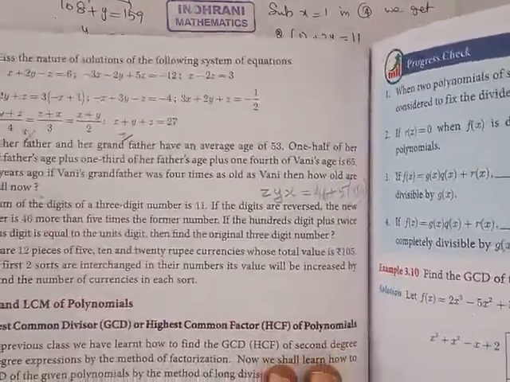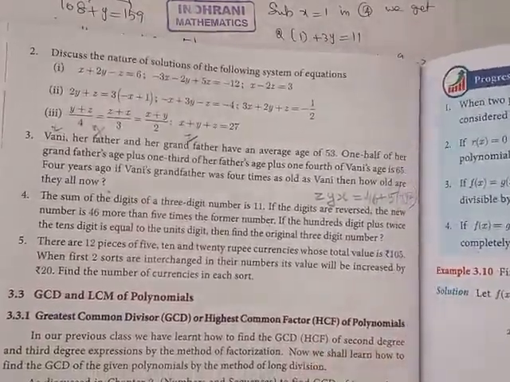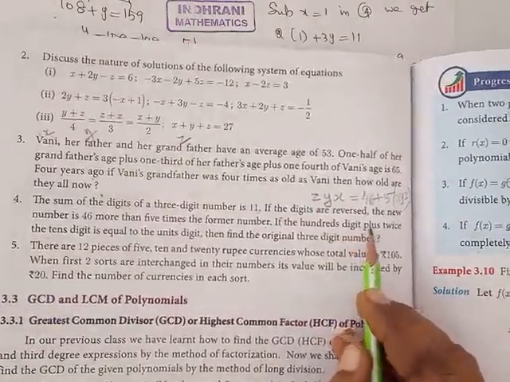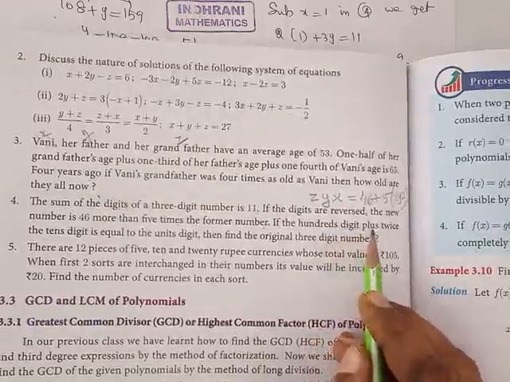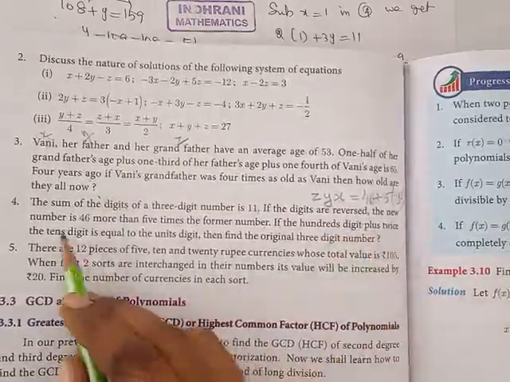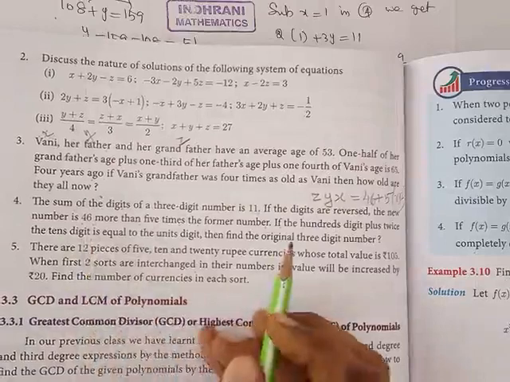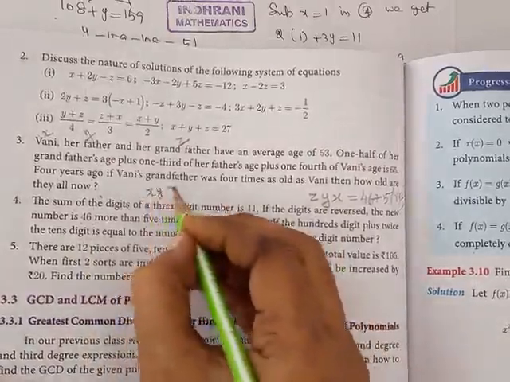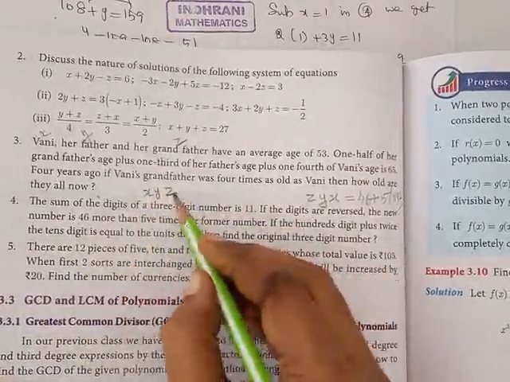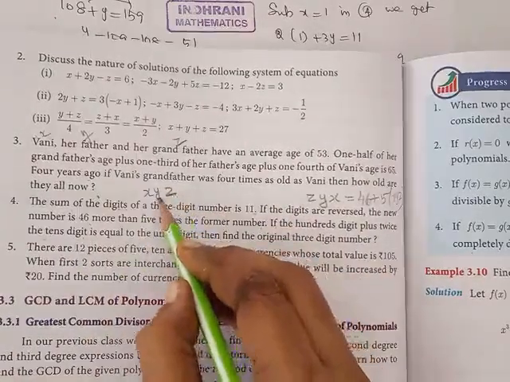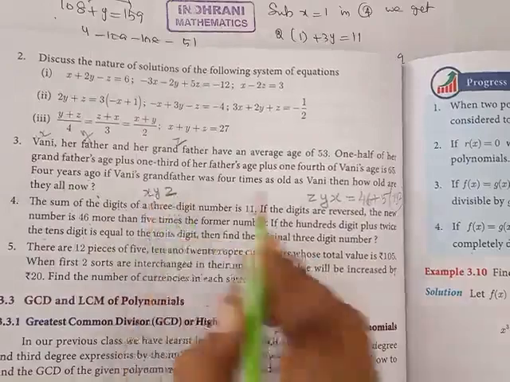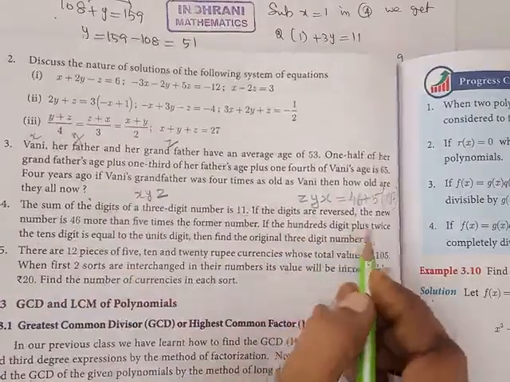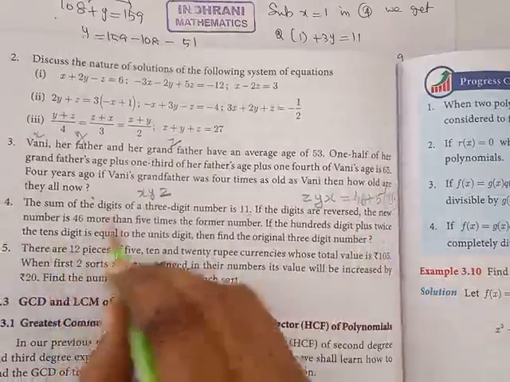So for that one, what condition is given is, if the 100th digit plus twice the 10th digit, 100th digit means X, that is XYZ. This is my number. Z is in the unit place, Y in the 10th place, X in the 100th place. So if the 100th digit means X plus twice the 10th digit.